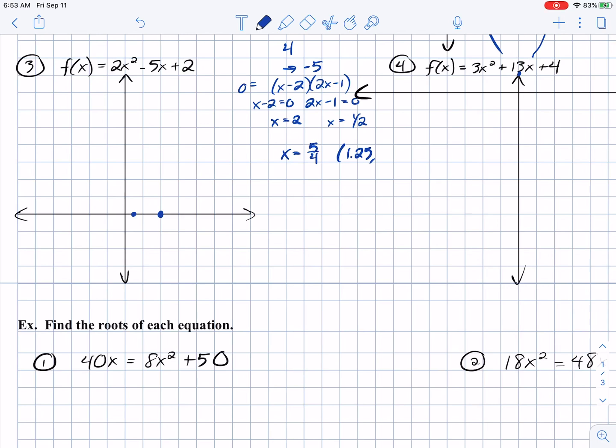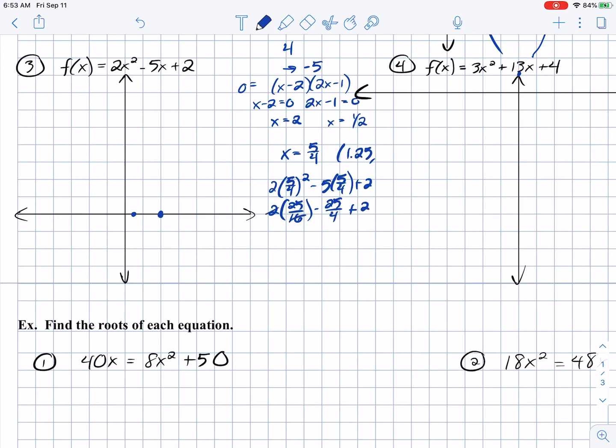Okay, we're going to plug the 5/4 back in. So I'll work this out with you guys. 2 times 5/4 squared minus 5 times 5/4 plus 2. So we get 25 over 16 times 2, 25 over 4.